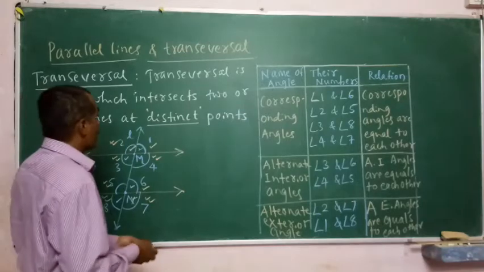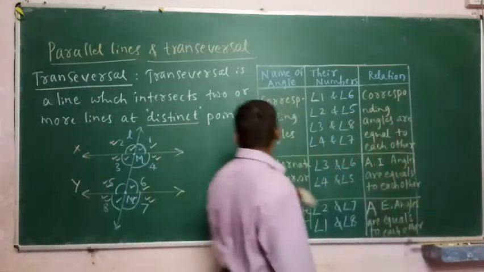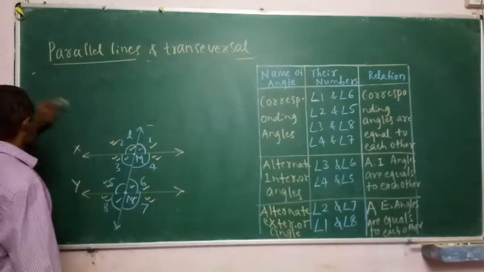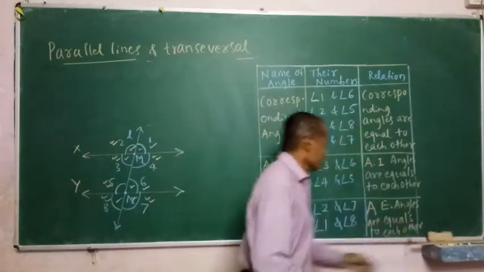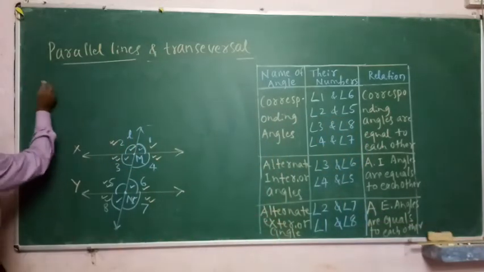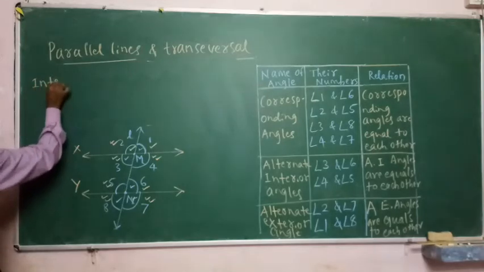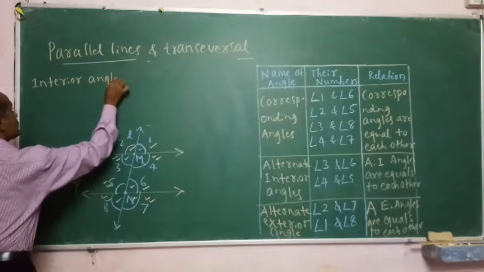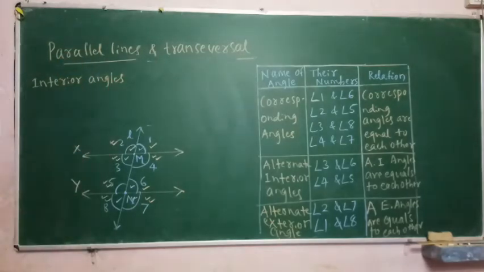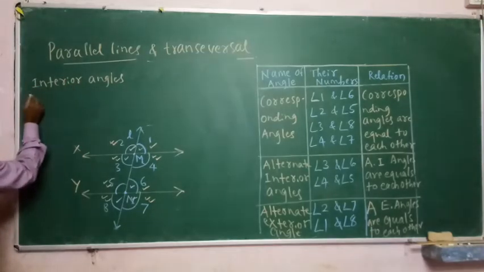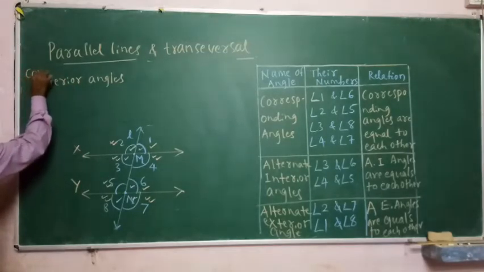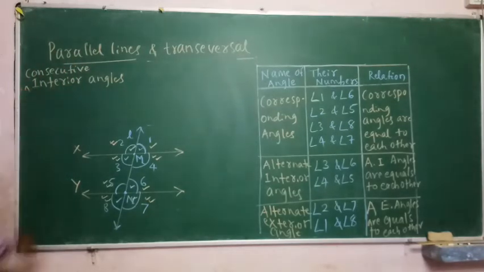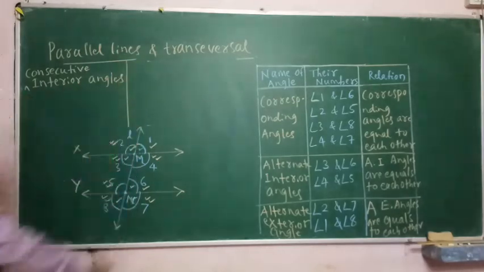We have one more type of angle. I will write here the name of the angle: interior angles. It is also called consecutive interior angles.